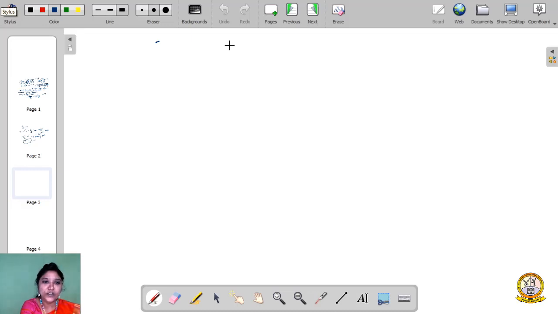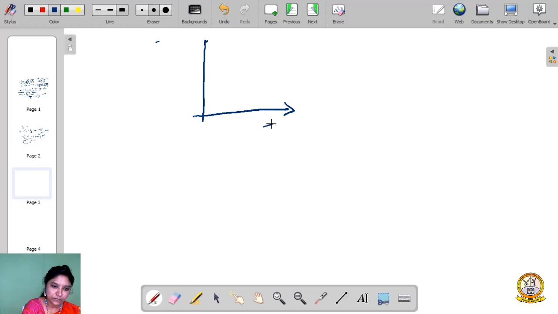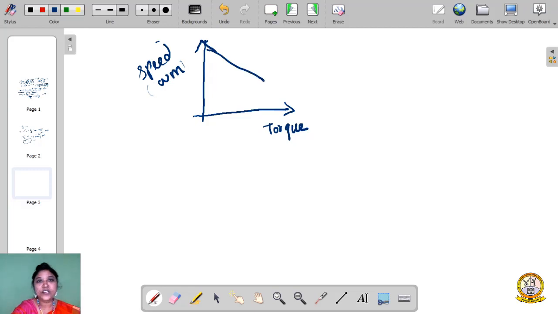Now you can see some examples. I am going to take two axes: torque on the x axis and speed, omega m, on the y axis. We are going to consider two characteristics: motor characteristics and load characteristics.